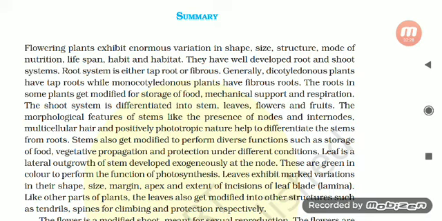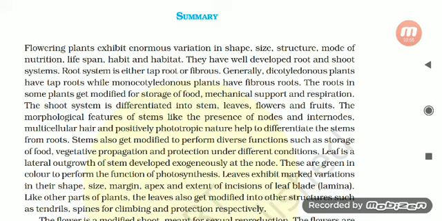The roots in some plants get modified for storage of food, mechanical support, and respiration. The shoot system is differentiated into stem, leaves, flowers, and fruits. The morphological features of stems, like the presence of nodes and internodes, multicellular hair, and positively phototropic nature, help to differentiate the stems from roots. Stems also get modified to perform diverse functions such as storage of food, vegetative propagation, and protection under different conditions.